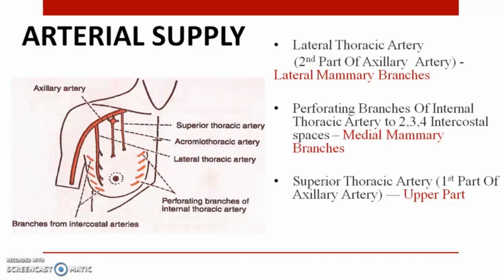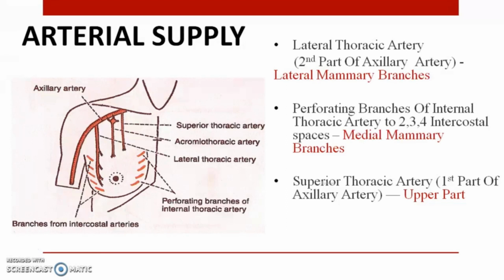So lateral mammary branches come from the lateral thoracic artery. Medial mammary branches come from the internal thoracic artery, the perforating branches which supply the second, third and fourth intercostal spaces.